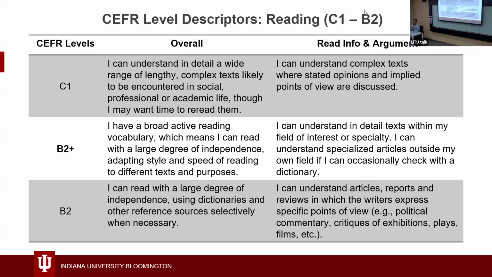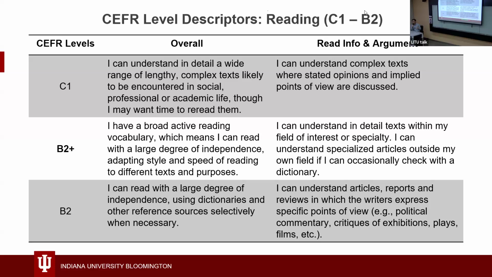So at the C1 level, reading is about what texts they can understand. Lengthy texts, like more than 300, 400, 500 words, including very complicated sentences with a lot of embedded clauses and relative clauses, and a very wide topic range: social topics, professional topics, academic life.